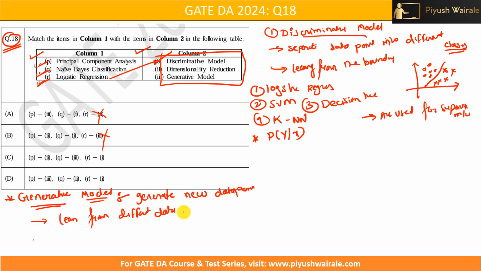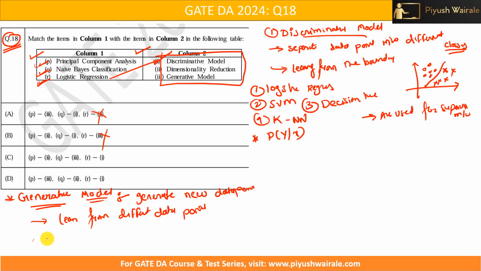It is not going to learn from the boundary. In the case of a discriminative model, the model learns from the boundary. Based on the given data, it finds the boundary and learns from that. But in the case of a generative model, we find the distribution of the actual data points, or analyze the pattern, and learn from the different data points.